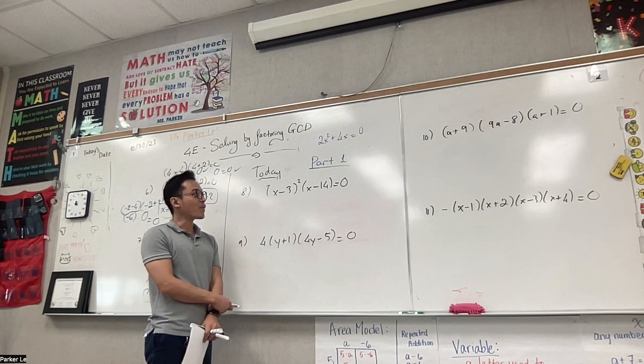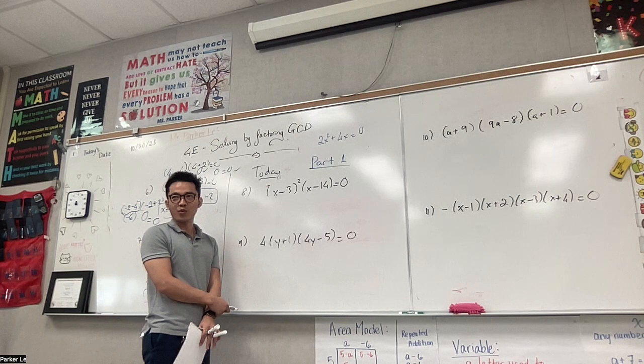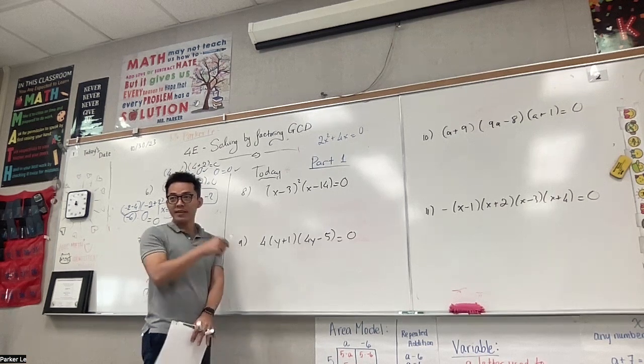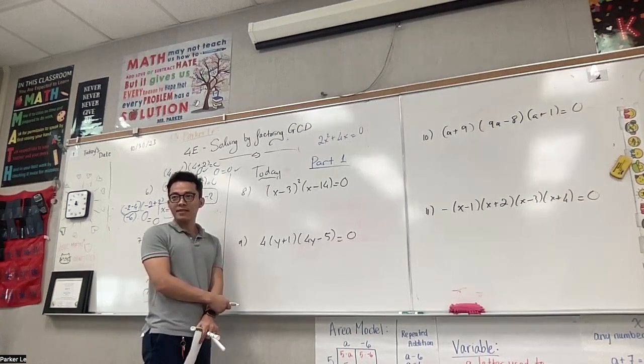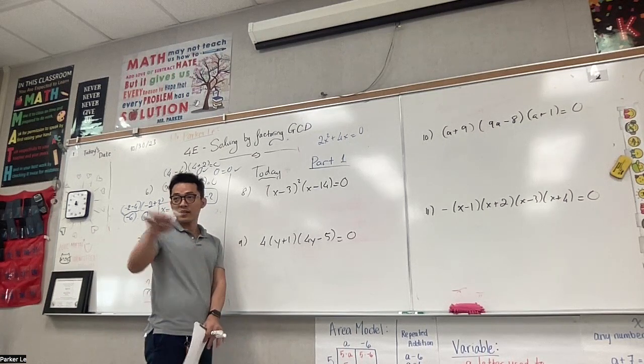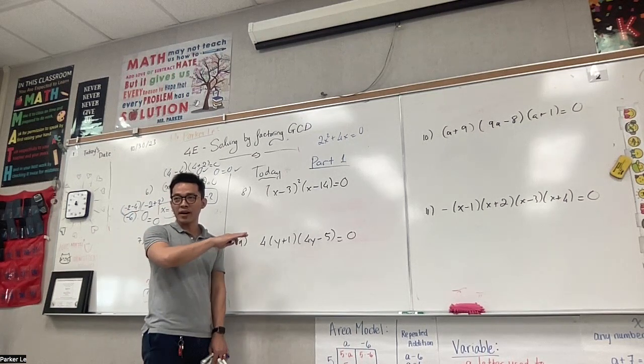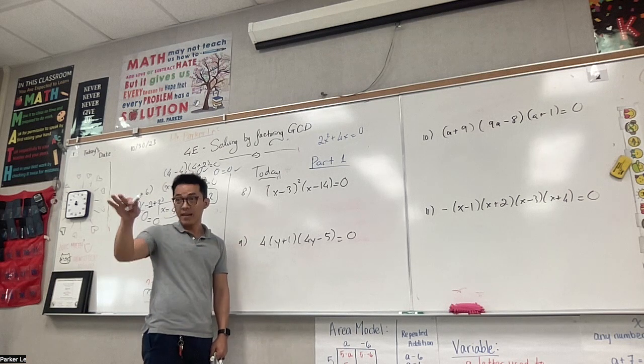Oh, look at this. Now we have something fancy here. Square. But what are you gonna do? How you gonna... do you wanna try or you want me to? Yeah.